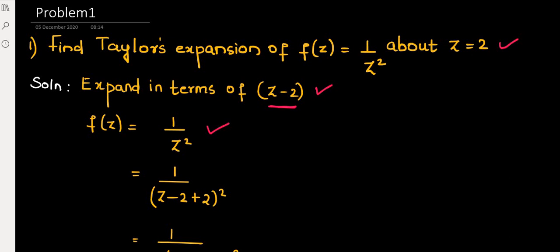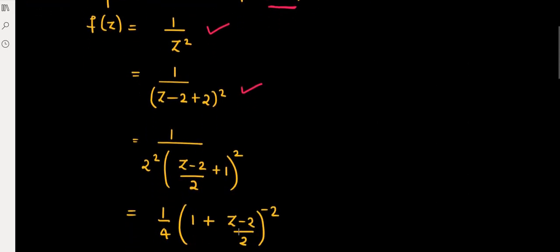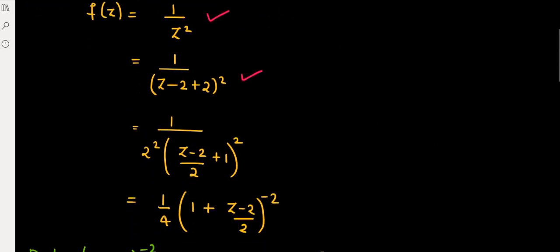So I have subtracted 2 and I have added 2 to the denominator. So you get an expression in this form. Now in order to make use of the expansion which we have studied, (1 + x)^-2, what we are going to do is we are just fixing this z - 2 because we need all the expansion in terms of z - 2.